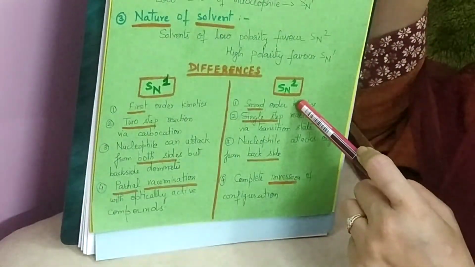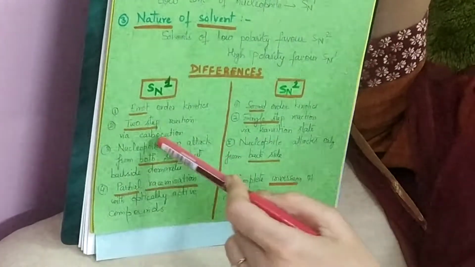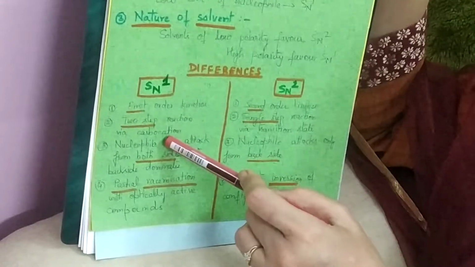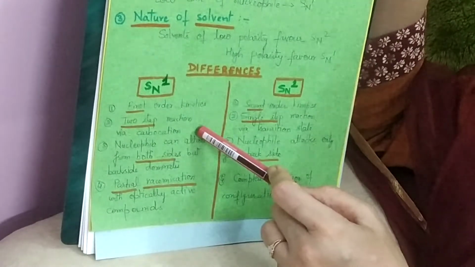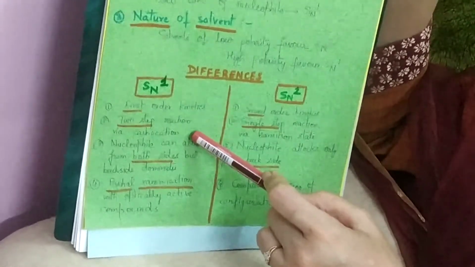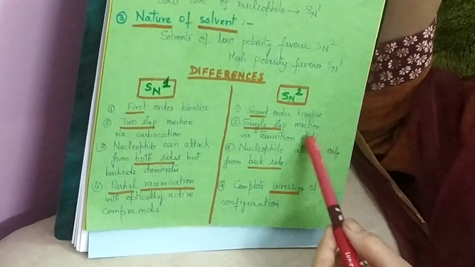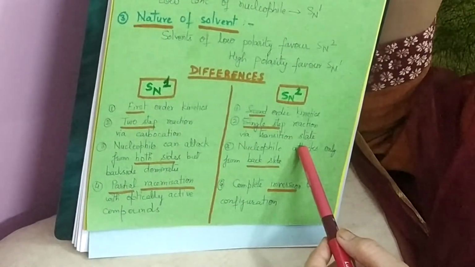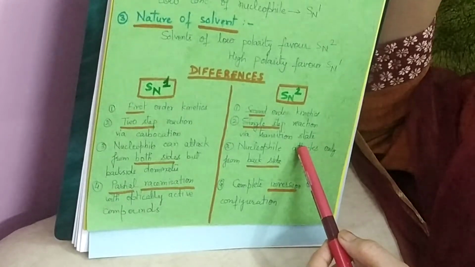The first initial point. Second point is that here there is a two-step reaction and it takes place via a carbocation intermediate. In this case, it's a single step process which takes place via a transition state.